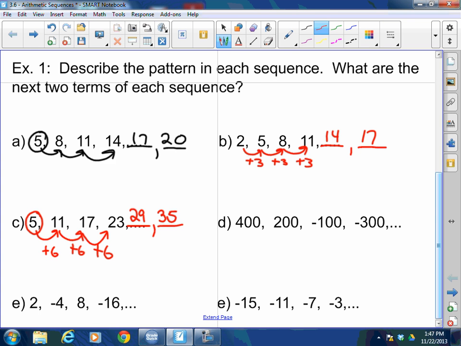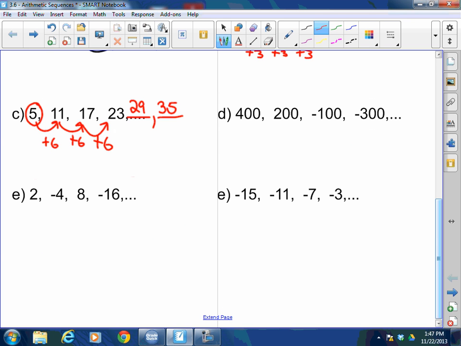Okay, my next sequence, D. How can I describe this sequence? Okay, I'm subtracting 200. Well, minus 200, that works. But wait a second. What's 200 minus 200? 0. So this does not work.